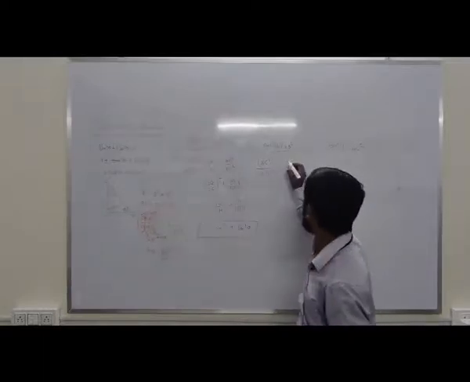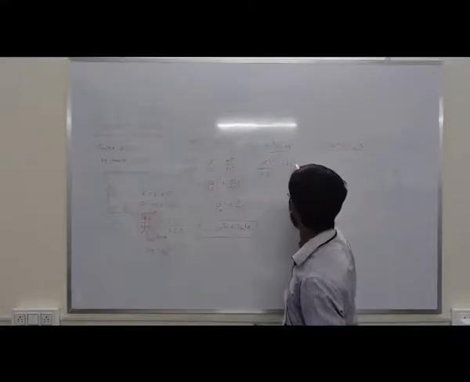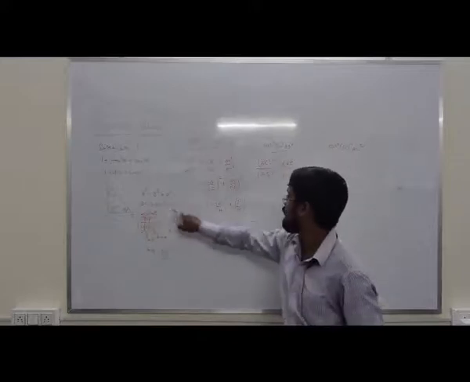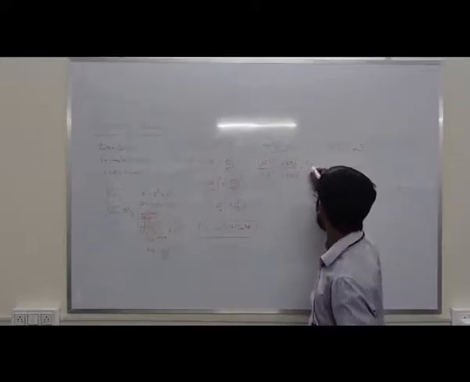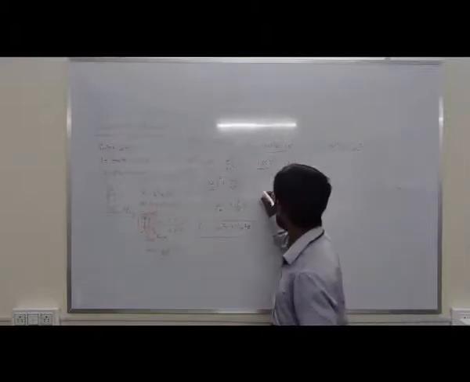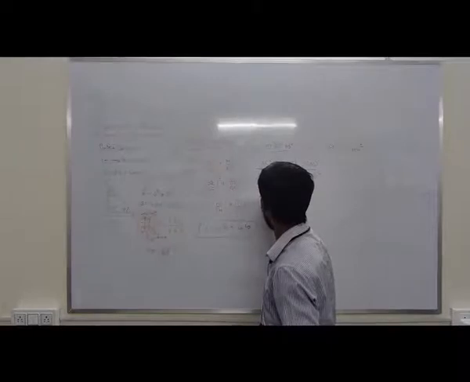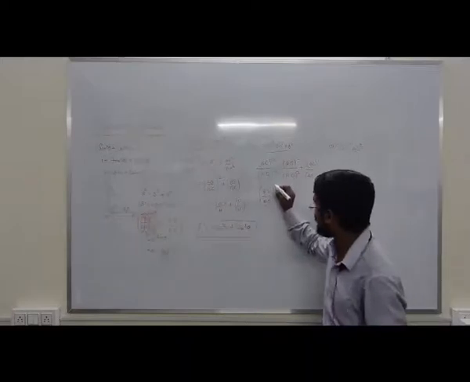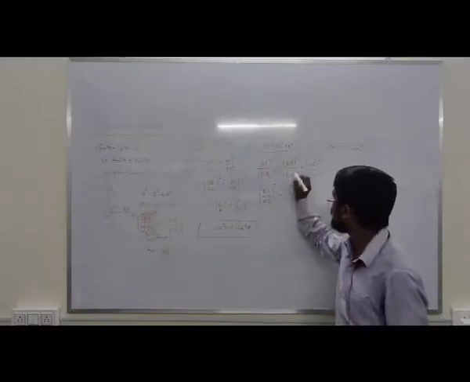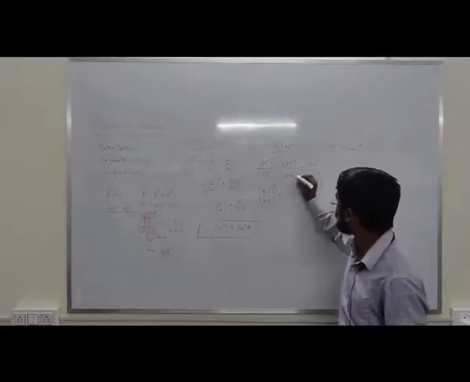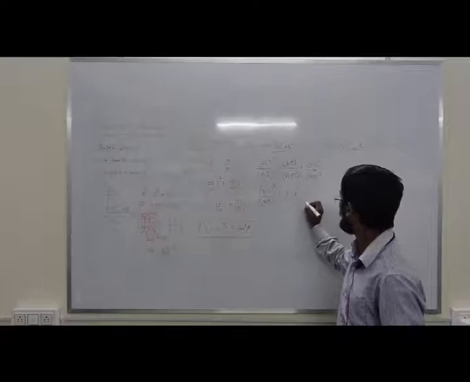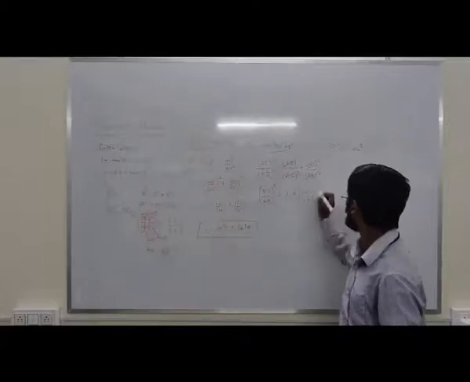Then AB square by AB square, plus AC whole square divided by AB square, because we are dividing by AB square, right? Now see, BC by AB you can write like this. Both numerator and denominator are squared, so I can take a single bracket and make it whole square. Equals, similarly, AB square by AB square will get cancelled, so I can say 1 plus AC by AB, whole square, right?